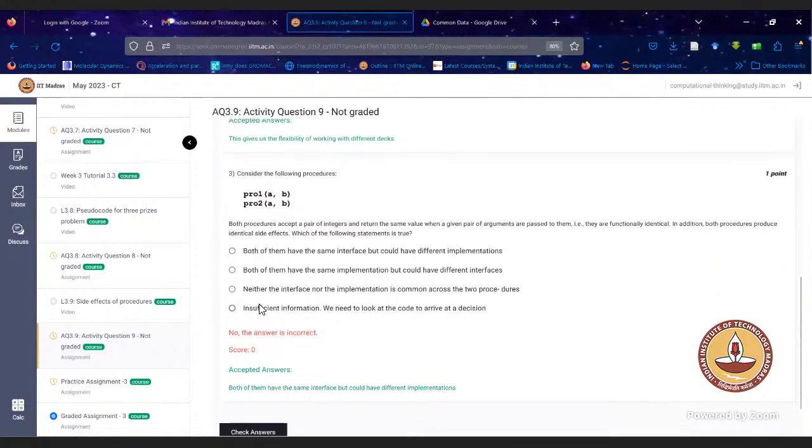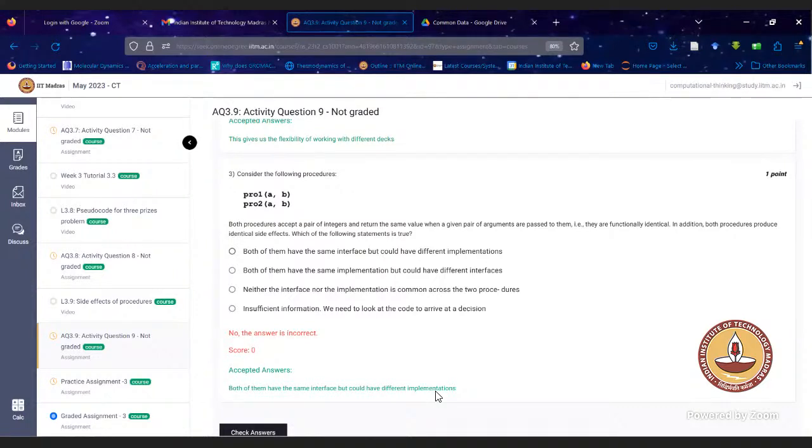But here it says both of them have the same interface, but they could have different implementation. That's what exactly it means, right? Right. So if there is a pseudocode, I could put in procedure 1 or procedure 2 and I would get the same result, except that procedure 1 processes it in a different way and procedure 2 processes it in a different way. Essentially your change is in the pseudocode inside the procedure, the way you're approaching the problem.